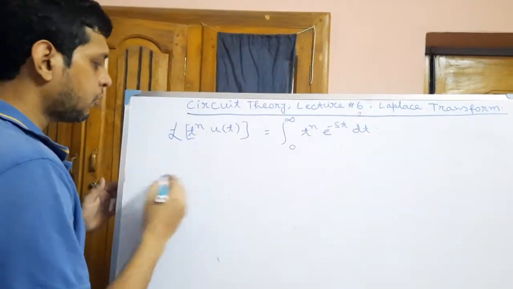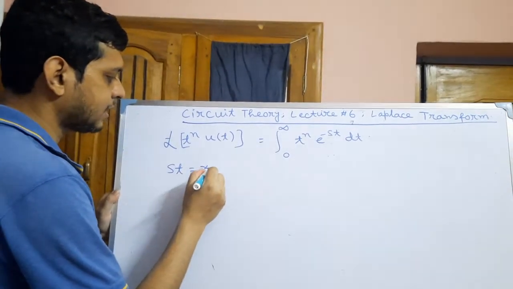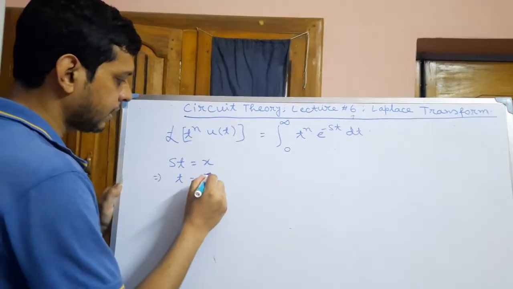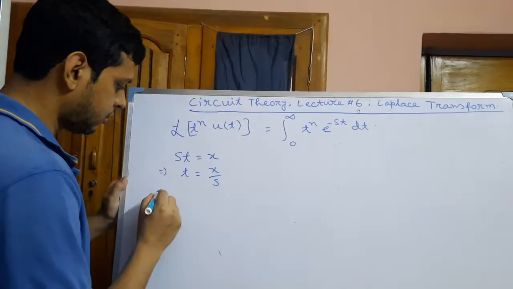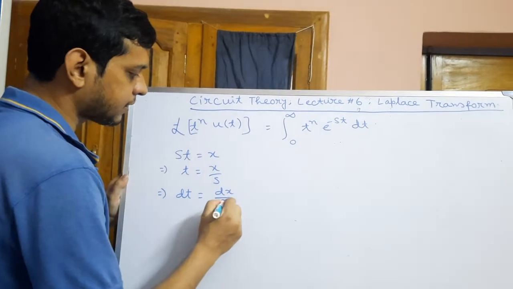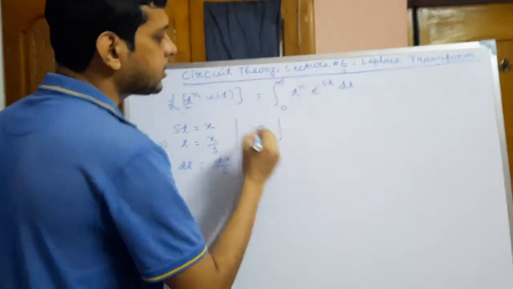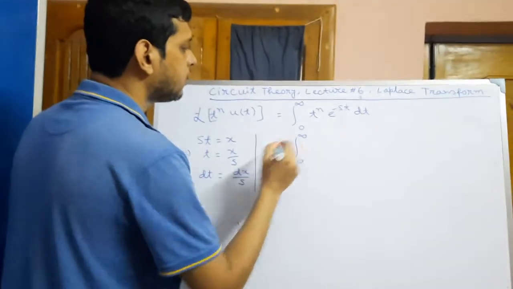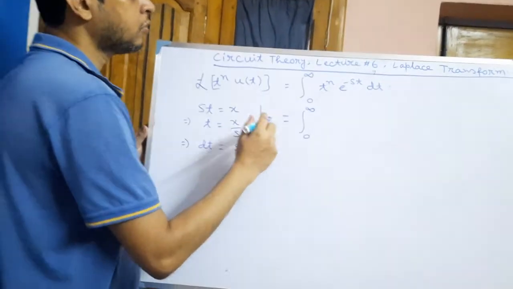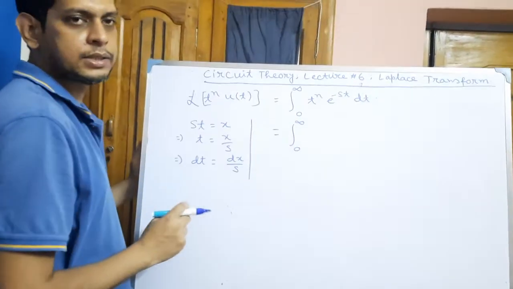Now let us imagine st equal to x, or t equal to x by s, or dt equal to dx by s. So this integration will become 0 to infinity, as st equal to x, so the limit of the integration will remain unchanged.